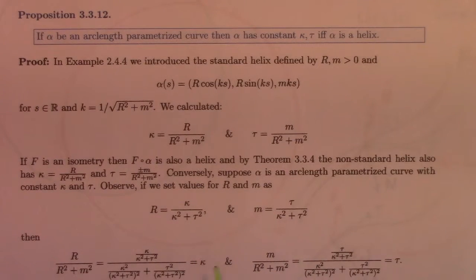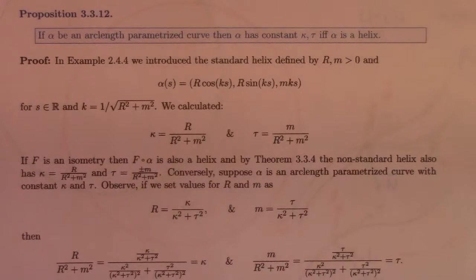And if I do that, when you calculate r over r squared plus m squared, you get back kappa, and m over r squared plus m squared, you get back tau. So what that shows you is that if you have a curve with constant curvature and torsion, then it's congruent to a helix with that r and that m.